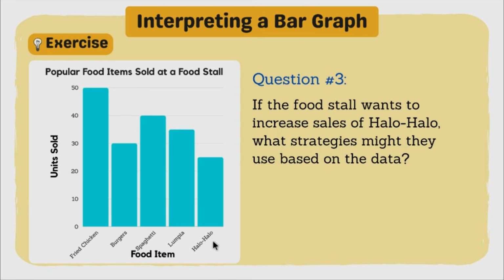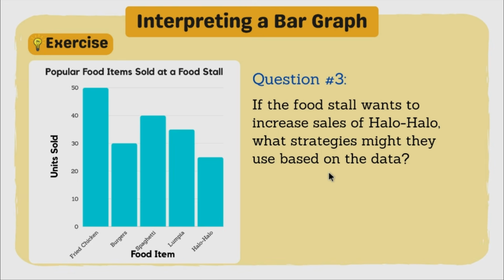In this case, it's the halo-halo. Now, the most important question here is ano yung gagawin natin basing sa results ng data. Kaya ganito po yung question dyan. Kung yung halo-halo is mababa, anong strategy ang gagamitin nila para mas ma-improve yung data, no? Yun po yung mahalaga when it comes to interpreting data, no?